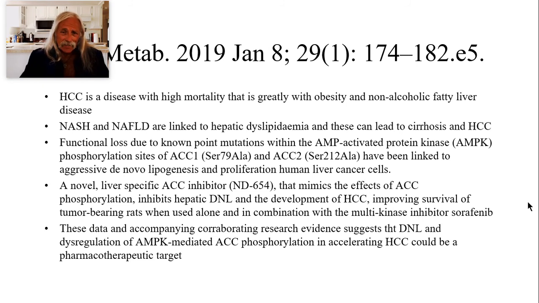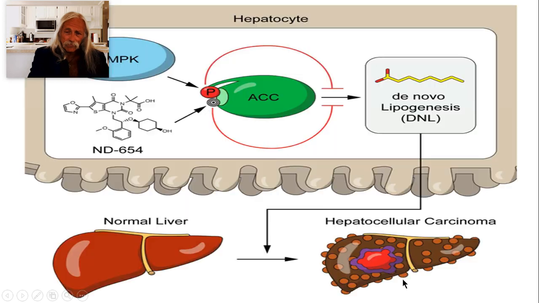These data and accompanying corroborating research that these authors in this paper did with their colleagues in other labs suggest that de novo lipogenesis and dysregulation of the AMP kinase-mediated ACC phosphorylation accelerate the cancer, and that inhibiting it could be a pharmacotherapeutic agent.